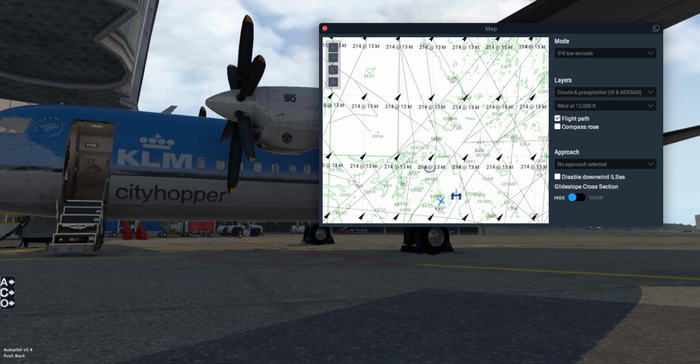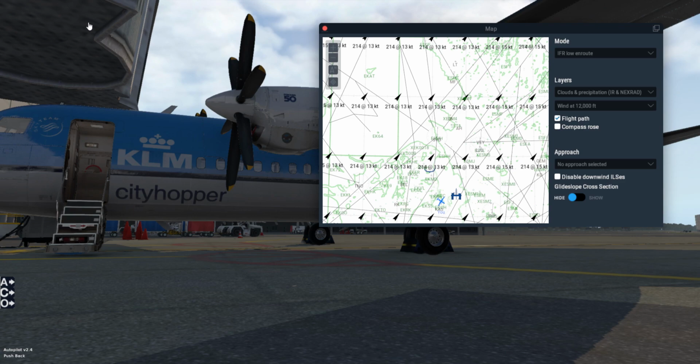So there are a few ways that we can actually do this. There is the bulletproof method, and there is the way that you can use if you actually have the latest nav data. And a very useful website is SkyVector.